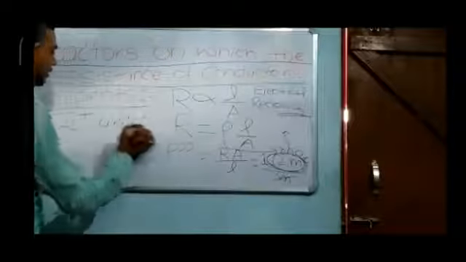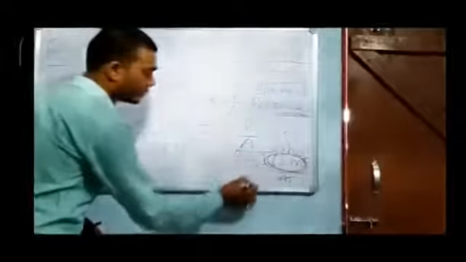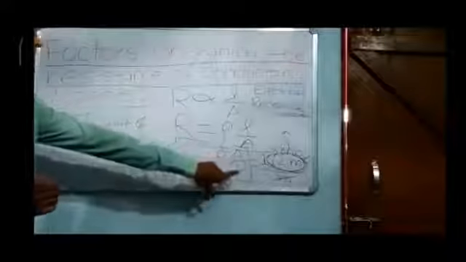How do we get it? We just put the SI units of R, A and L. So this is a new formula: rho, resistivity, equals resistance into cross section area upon length.